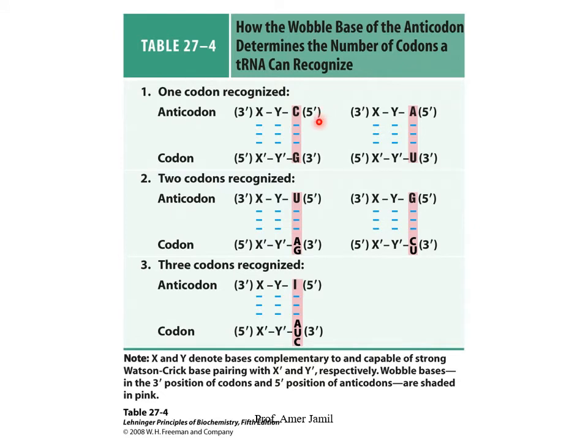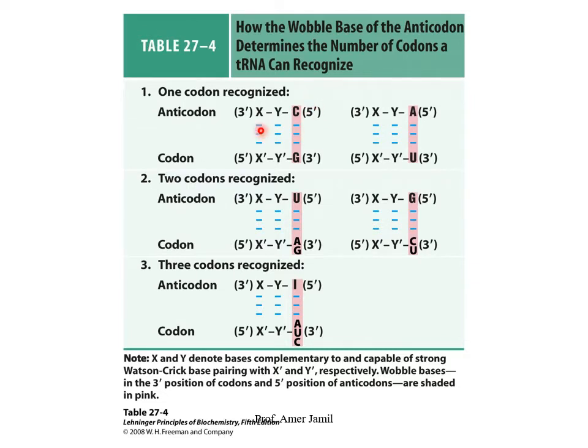The base present at the 5' end of the anticodon and the base present at the 3' end of the codon are called wobble bases, and they are shaded in pink in this figure. The name was given by Crick, the same person who deduced the three-dimensional structure of DNA along with Watson.